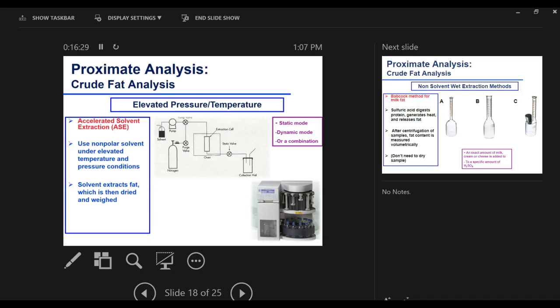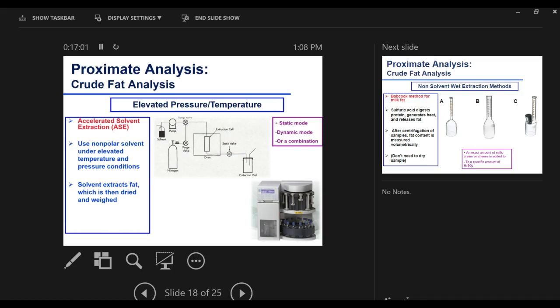And you can run this as static. That means you do your extraction with the solvent, and then you open the valve, and the solvent goes into your collection vial. Or you can have it continuous, like a continuous or semi-continuous Soxhlet extraction, where this valve is always open and the solvent is continuously going through the chamber where you have your sample and continuously getting your fat.